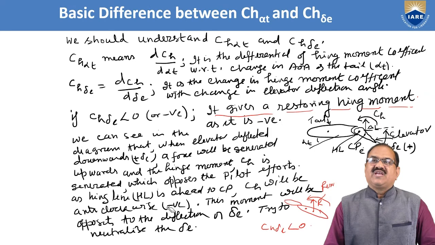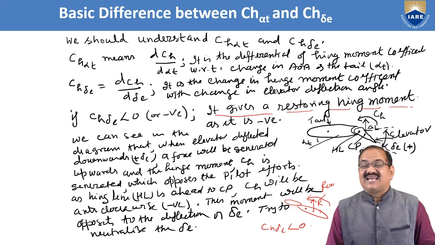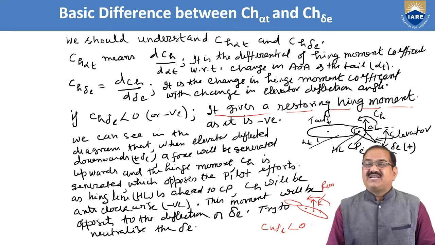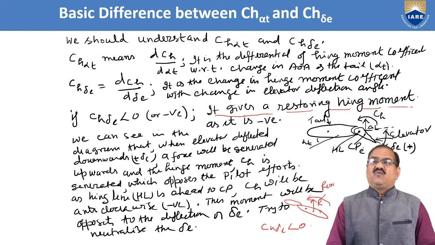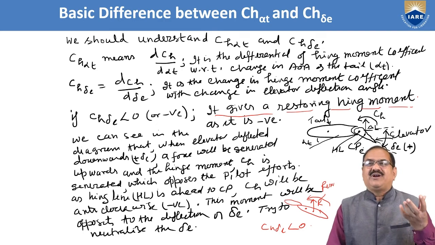Okay, so now the basic difference between CH alpha T and CH delta E. These are very important parameters, so we should understand what CH alpha T is and what CH delta E is. You know that CH means hinge moment coefficient.